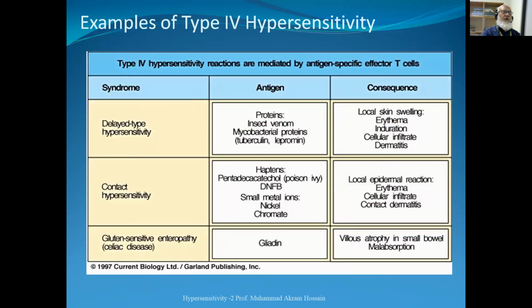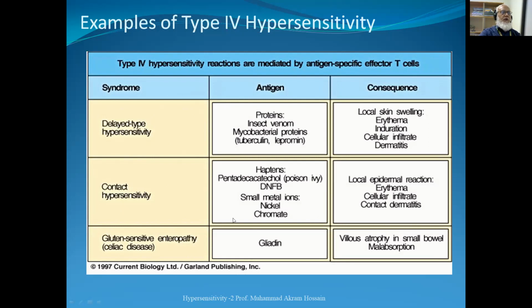There are three types of type 4 hypersensitivity: delayed type, contact hypersensitivity, and gluten sensitive. In delayed type hypersensitivity, usually protein antigens are involved. A classical example is mycobacterial proteins, that is the tuberculin test. There is local swelling in the tuberculin test. What happens? Erythema, induration, and there is cellular infiltrate.